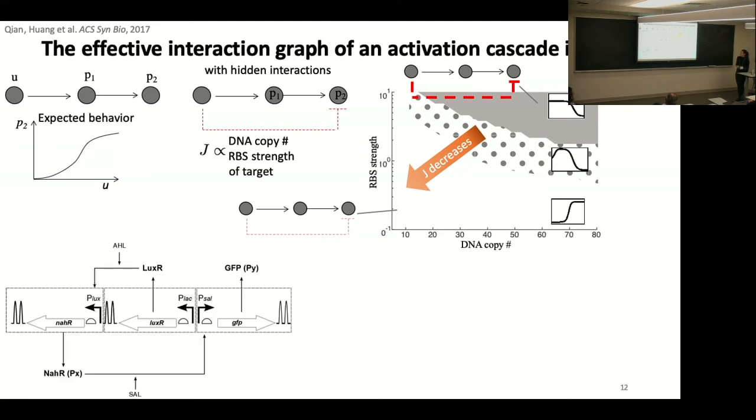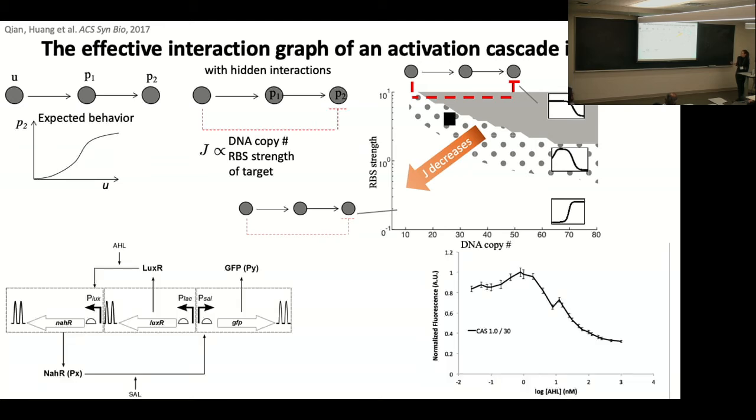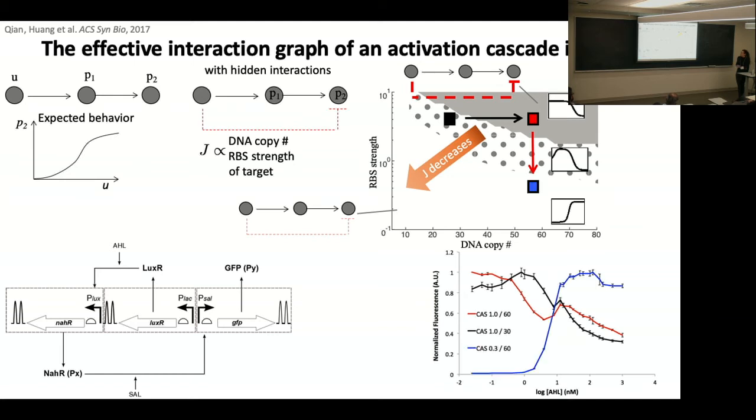So if you do an experiment and you start here, which is where we started at the very beginning, and you increase the DNA copy number, then you essentially destroy your cascade completely, and it is almost monotonically decreasing. Then if you try to go back to the good region, which is the white region, you can get back your desired almost cascade behavior.